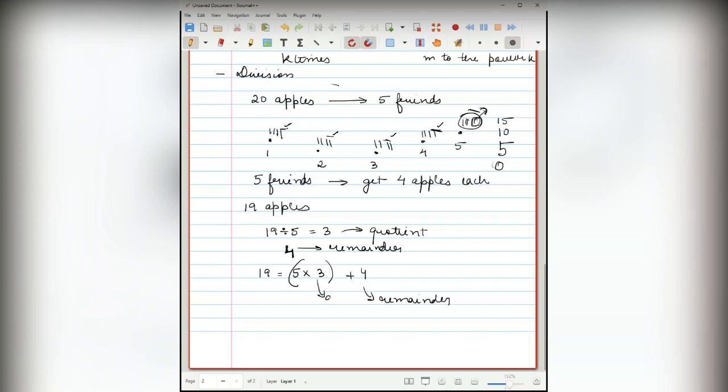This is your quotient. These are the main operators. We can also write 19 mod 5. Whenever you see the word mod, it means we want to calculate the remainder. So 19 mod 5 is basically 4.